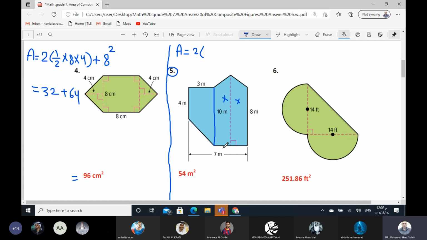So what is the rule of the trapezoid? Base 1 means 8 plus base 2 will be 10, divided by 2, multiplied by the height. This is the height. I don't know the height, but I can solve it. As you see here, from this point to this point we have 7.